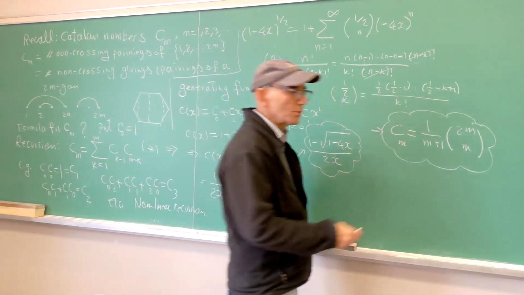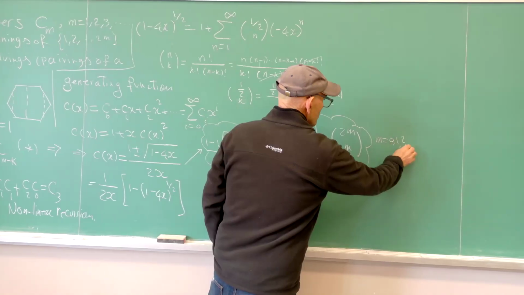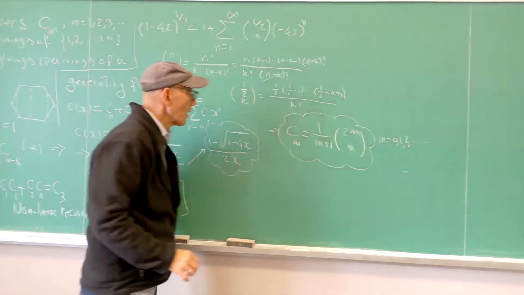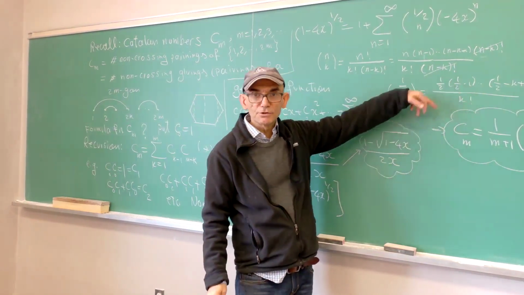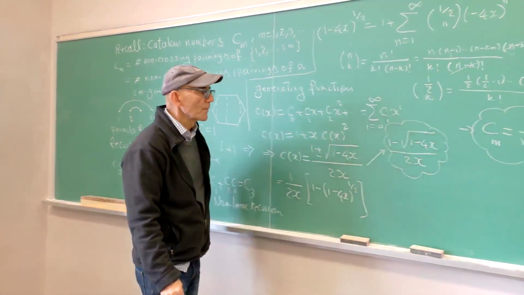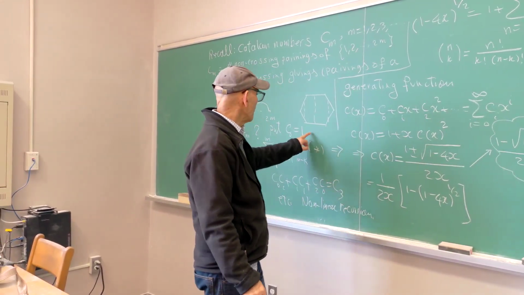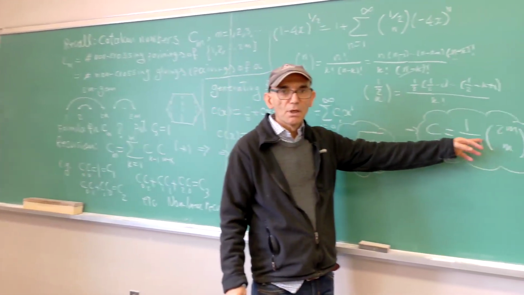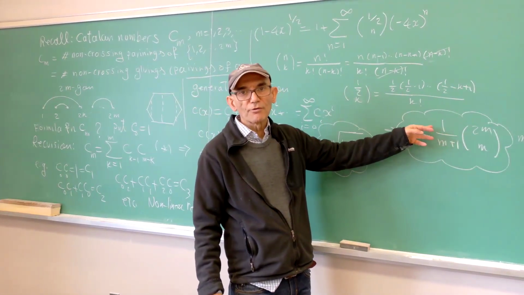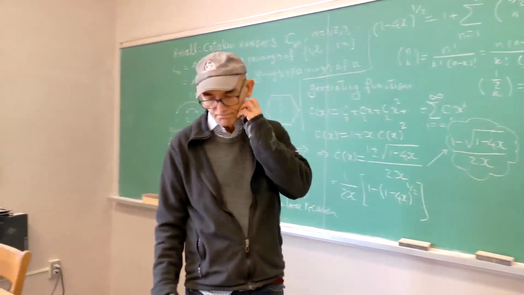I mean, this easily follows from this. You just have to do a little bit of simplification. Okay. So that's a derivation of the explicit formula for the number of non-crossing pairings of 2n objects.